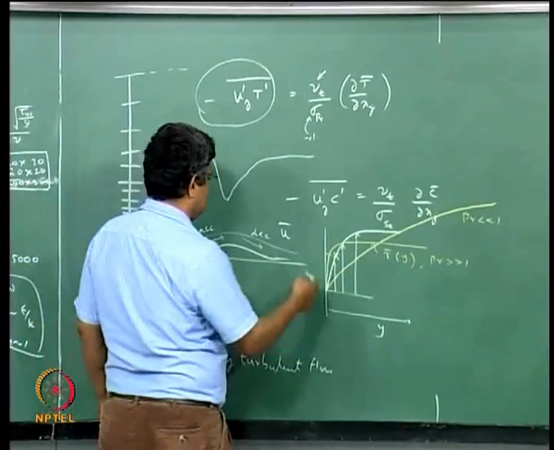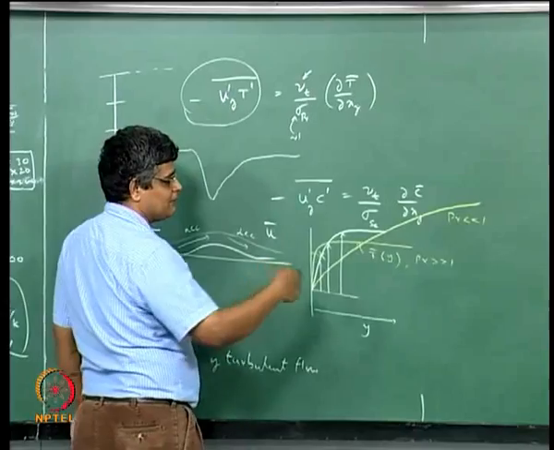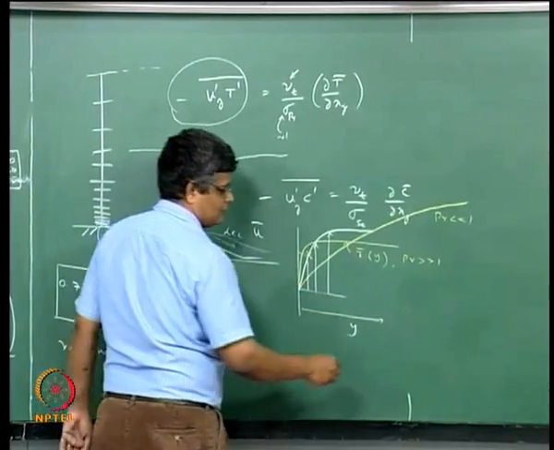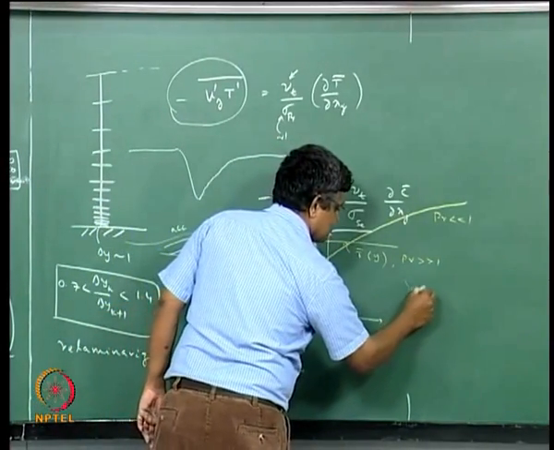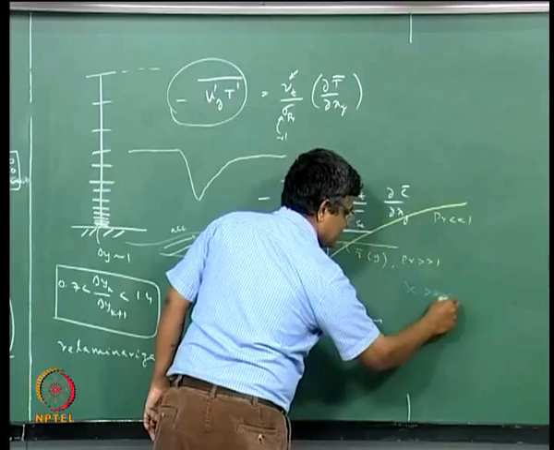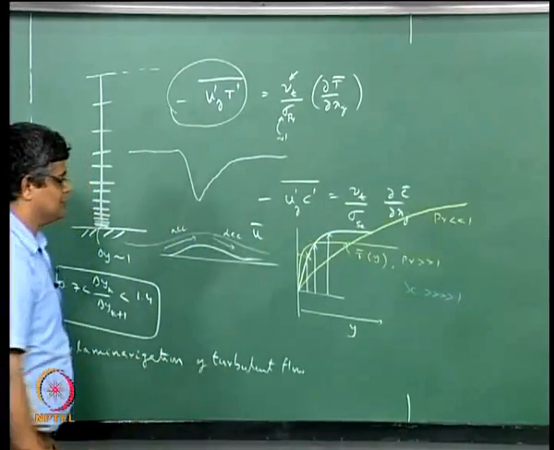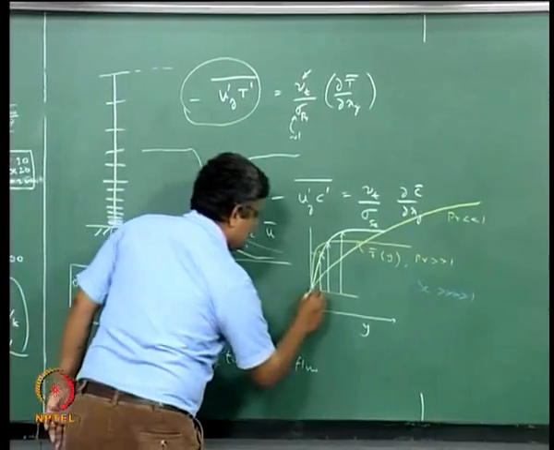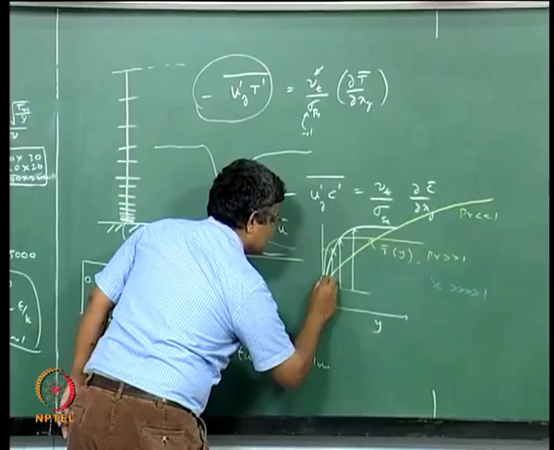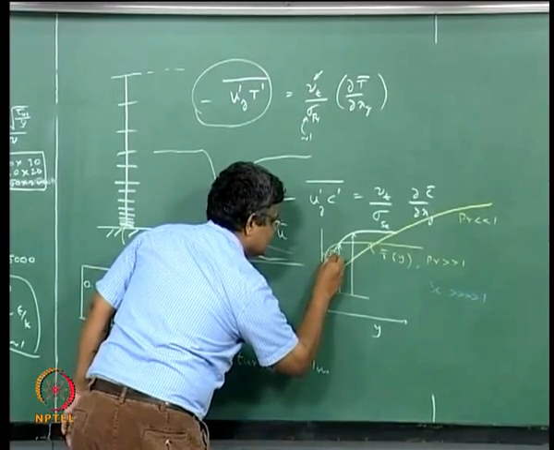If you consider a Schmidt number which can be much higher than 1, let us say 10,000, then the variation of the concentration profile may be like this.